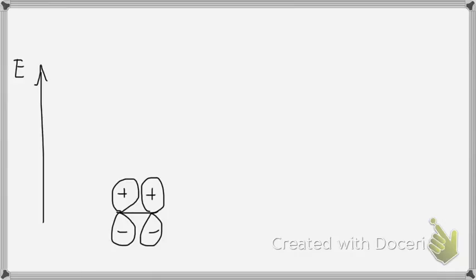When the 2 p orbitals combine to form the molecular orbital in ethene, we are going to have 2 molecular orbitals as well.